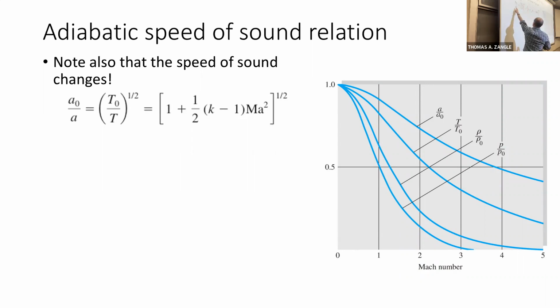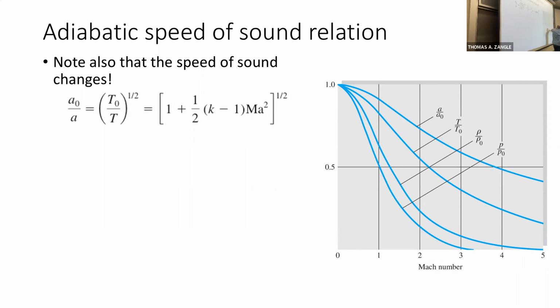Okay. So we can therefore relate the local speed of sound, A, at some point within our system, to the speed of sound at the stagnation condition. And we can find it with this expression here.